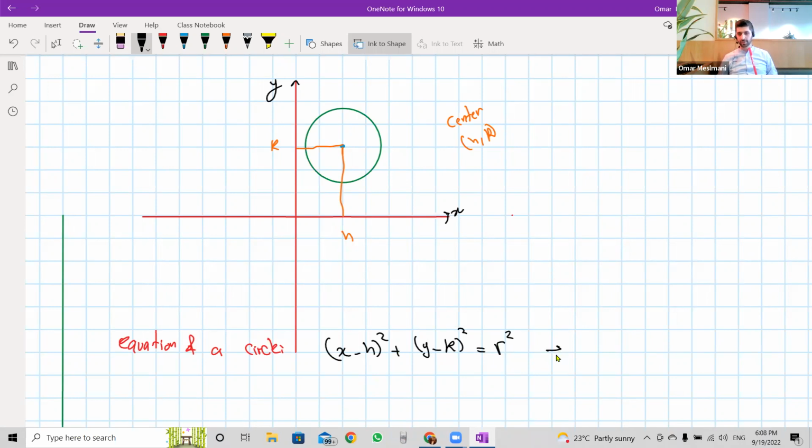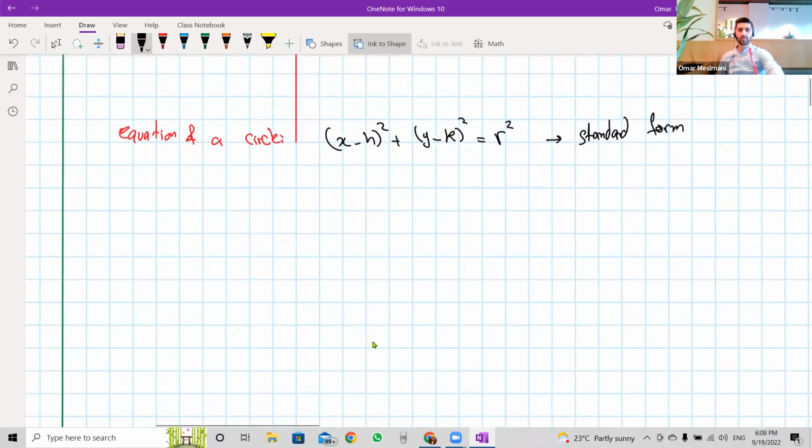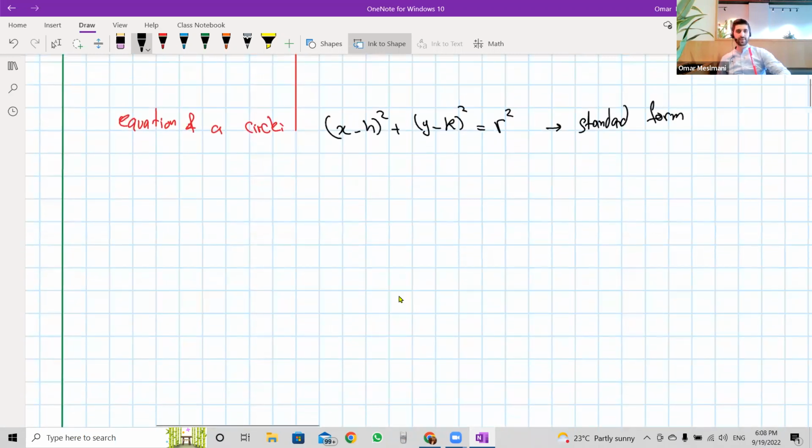This form we call the standard form of a circle. What do I mean by standard form? Let's say you have an example: (x minus 1) squared plus (y plus 3) squared equals 9.